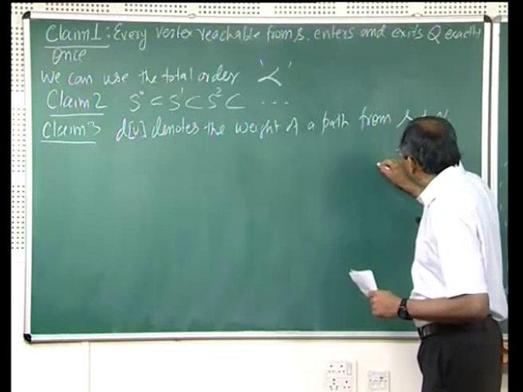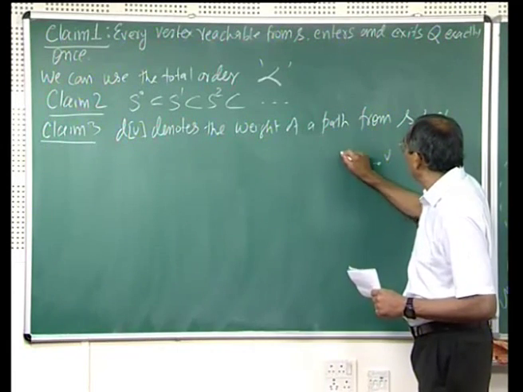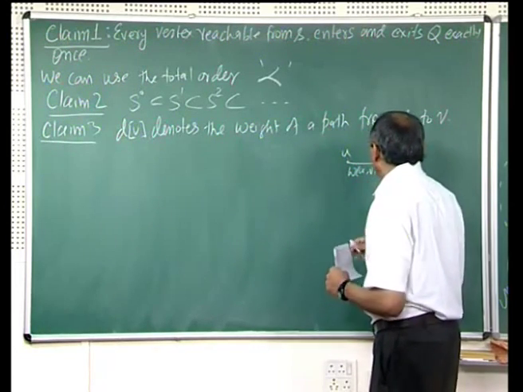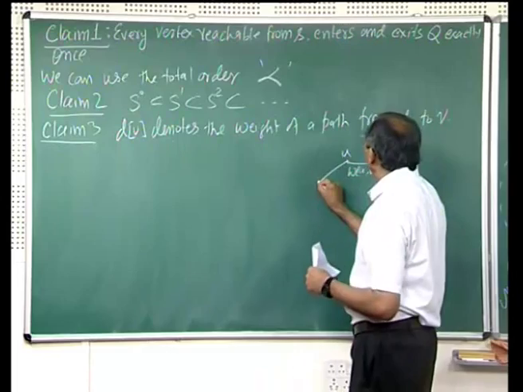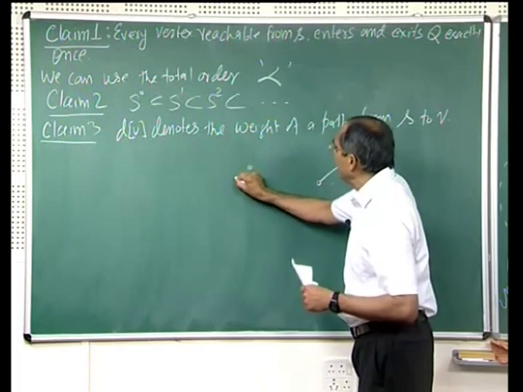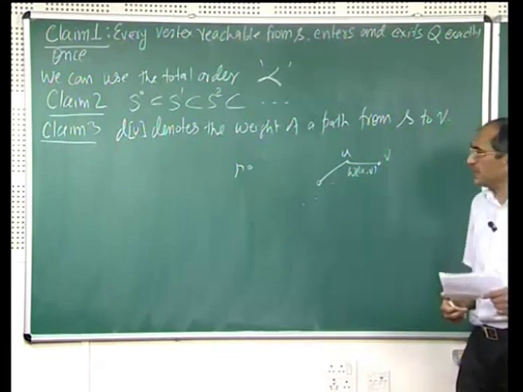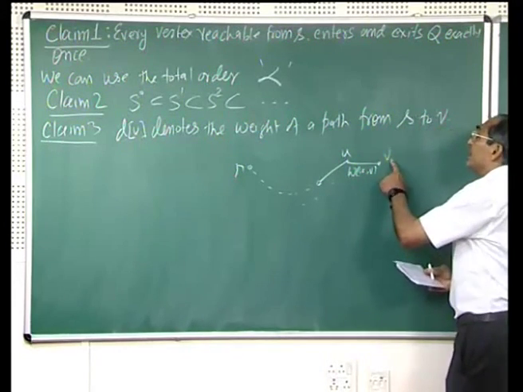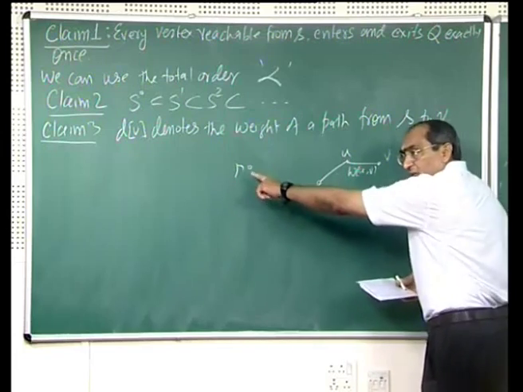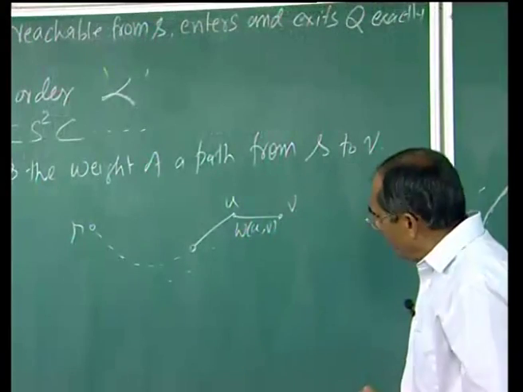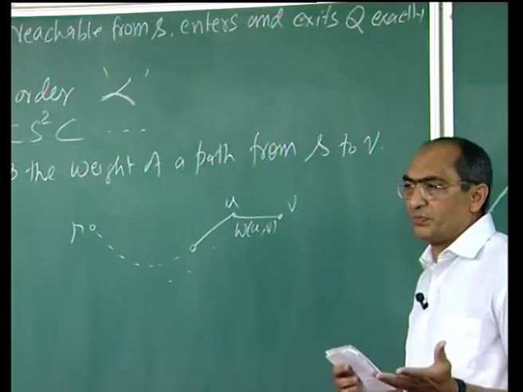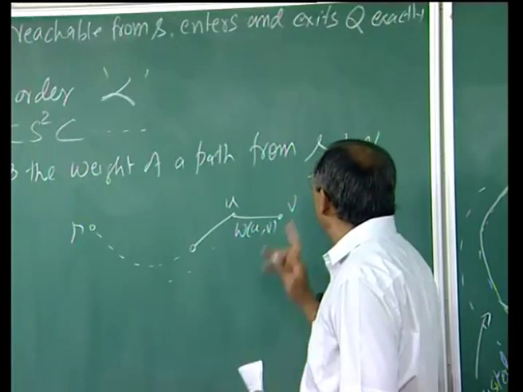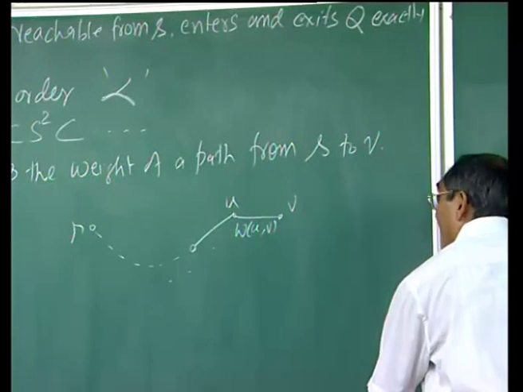So, you can always trace it back, this is w(uv), then trace back to its parent and just keep going, you reach S. This is the only vertex which does not have a parent. So, this path will end up in S, and the d value is precisely the sum of these weights. Hence, it is a path, not necessarily the best path, but it is a path whose weight is d(v).